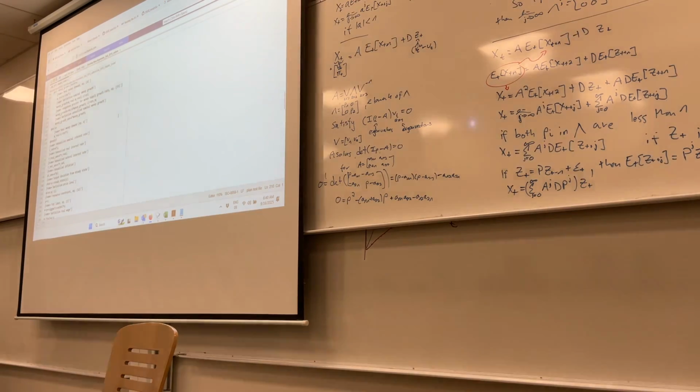I want to add in money nominal. It wasn't included in the equations, or the money growth rule equals 0.